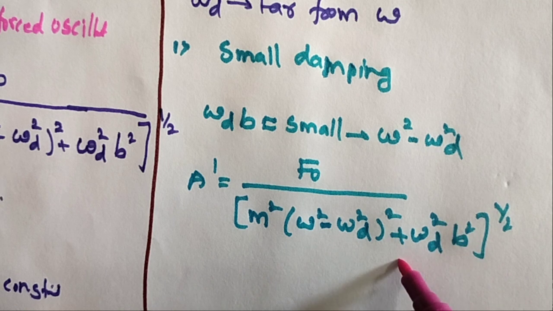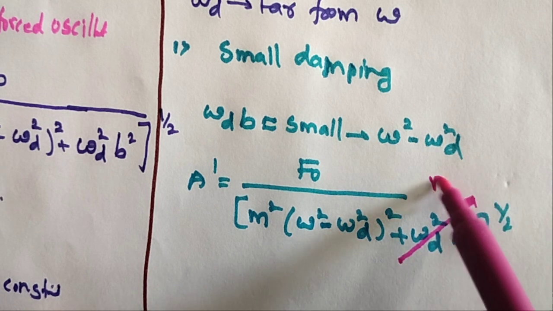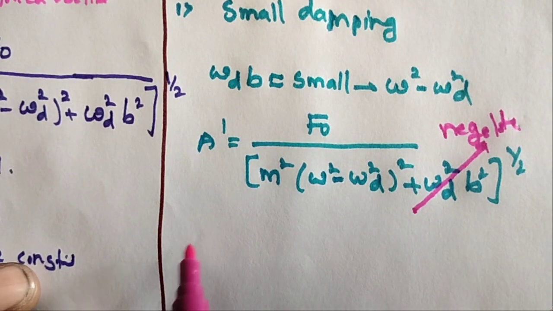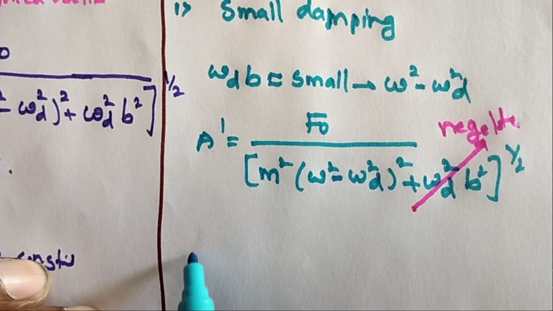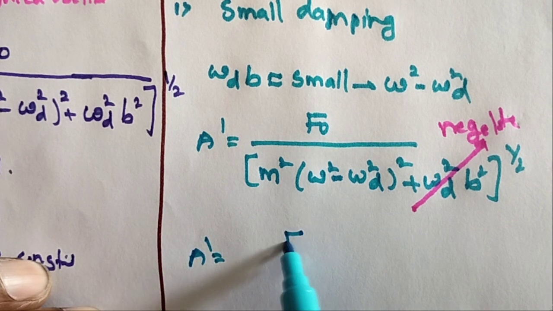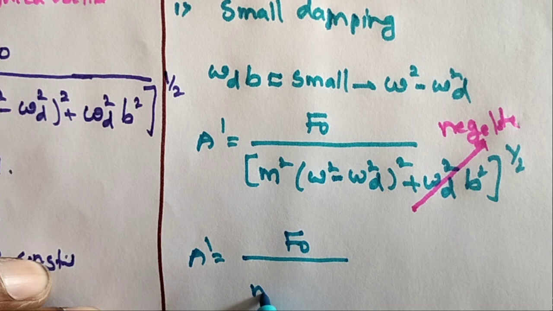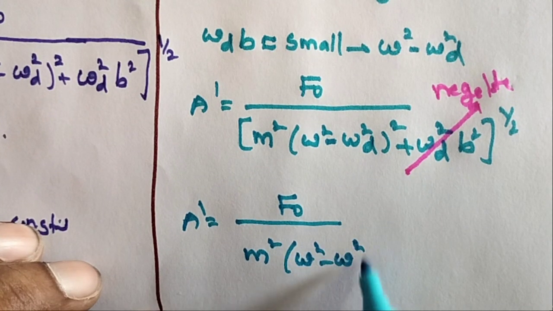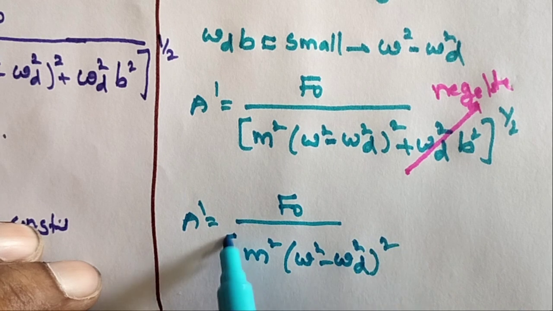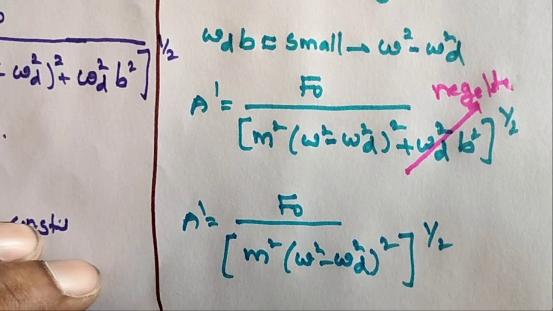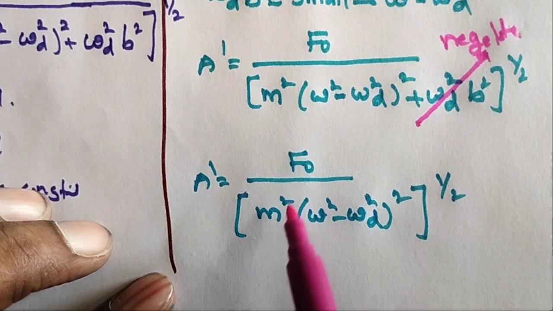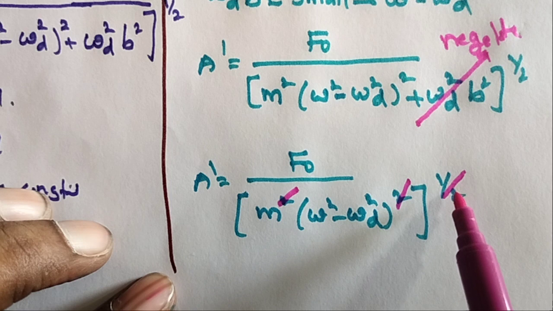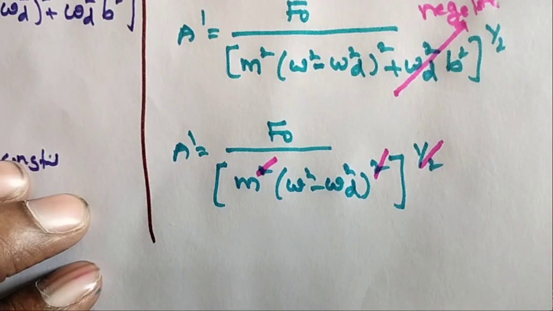Therefore this value is neglected because it is very small. So what is the remaining value of A dash? A dash is equal to F naught by m square omega square d whole square whole power 1 by 2. Here I will cancel m square whole power 1 by 2. So what is the A dash value?